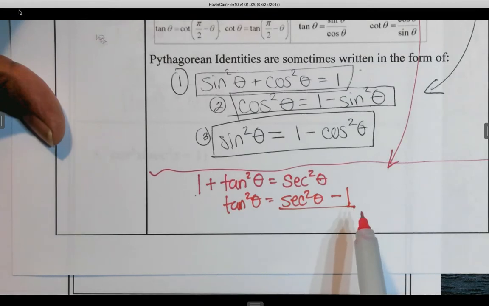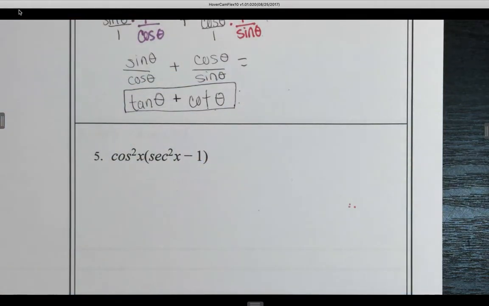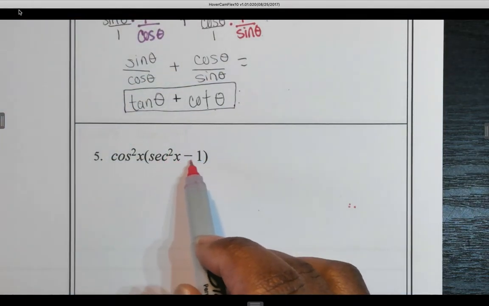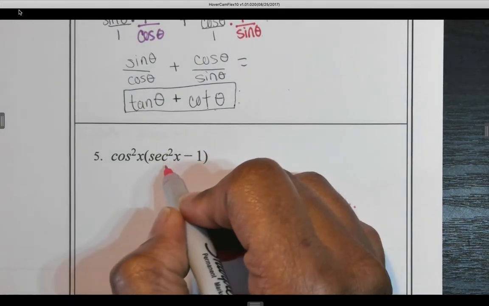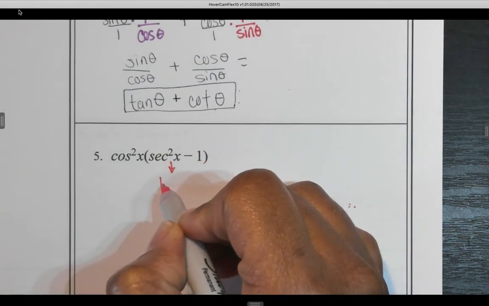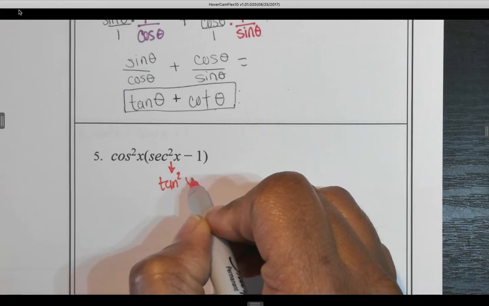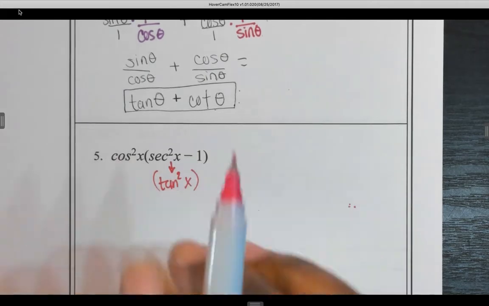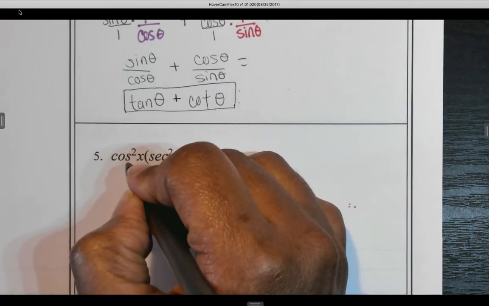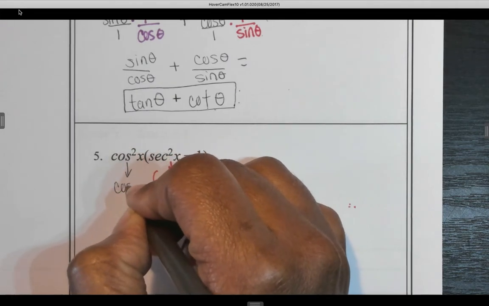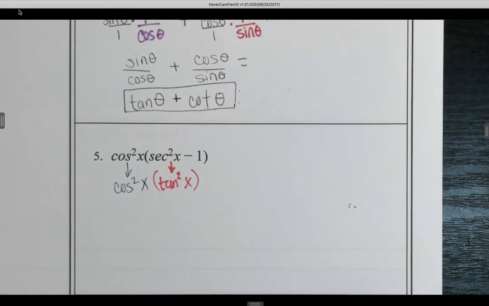I have this in my expression. Now I know it's equal to just tan squared. So I'm going to rewrite my expression. Instead of secant squared minus 1, I'm going to rewrite this as tan squared. We didn't change the cosine squared because it would have made my problem look a little more complicated, and I don't want to complicate things.